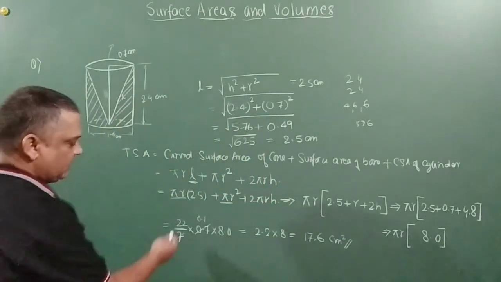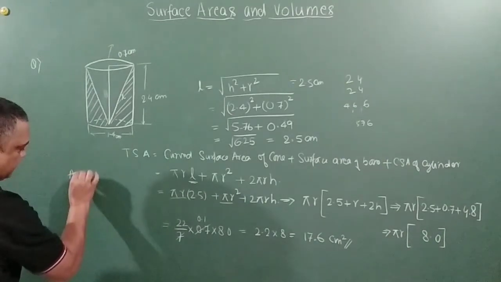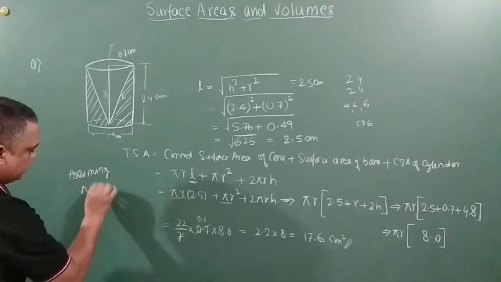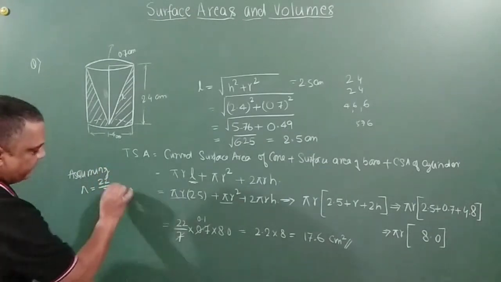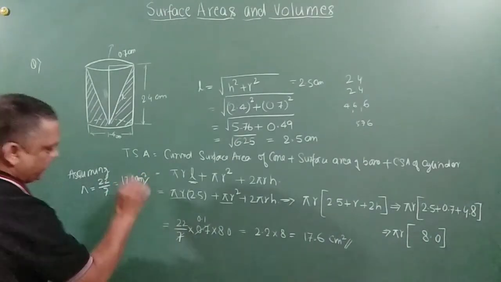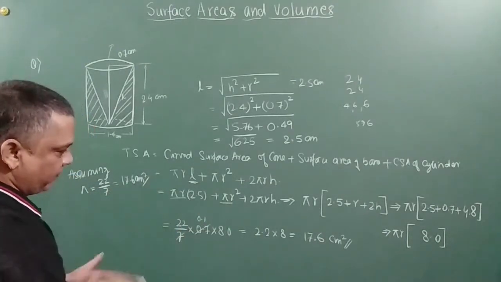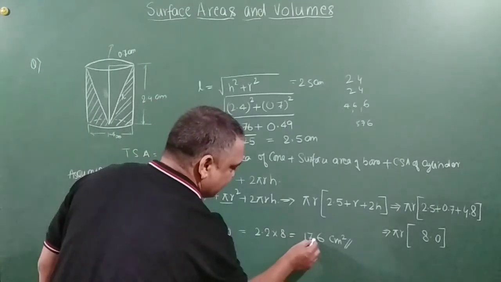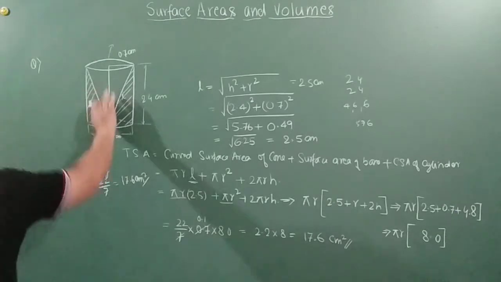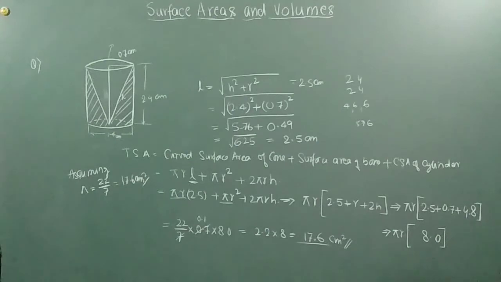So assuming pi is equal to 22/7, we get the value of 17.6 centimeter square. If you assume the value of pi as 3.14, there will be a slight variation in this, but that's not a problem. So the answer is 17.6 centimeter square, right, friends?